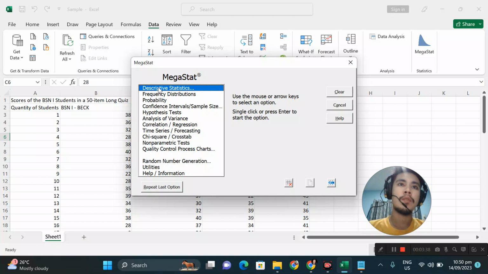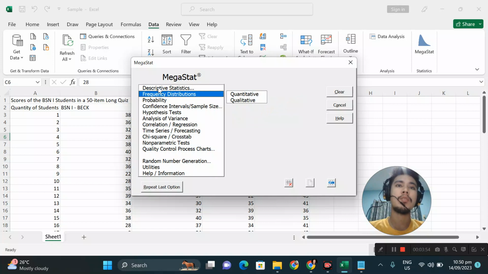First from the list are the descriptive statistics, which we are going to utilize later in our practice and in analyzing raw data. It's followed by the frequency distributions for both quantitative and qualitative data.